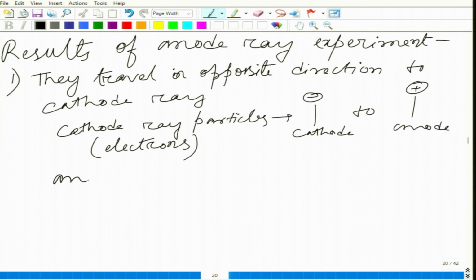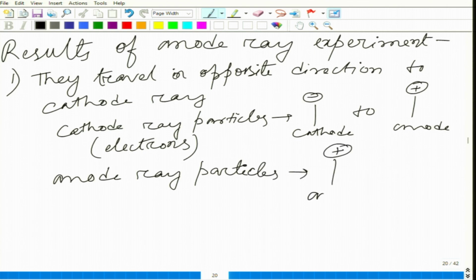But the anode ray particles moved from anode to cathode.